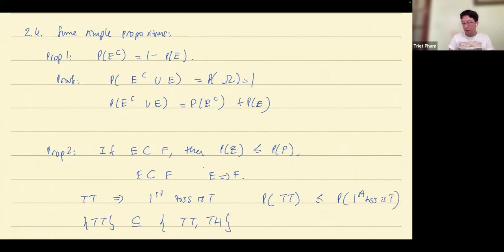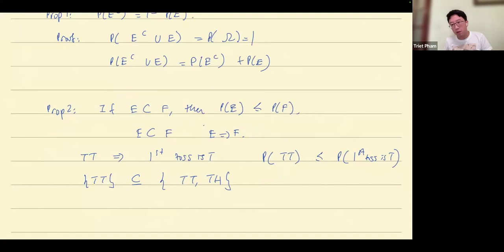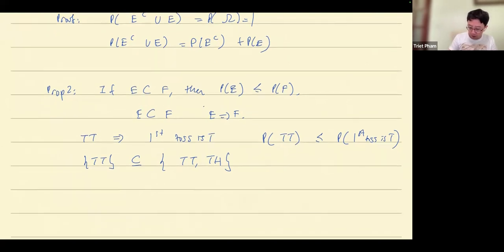Again, that's obvious. But what's the proof of this? Well, the proof is because if E is contained in F, then F is E union with something we call F but not E. So F but not E is F intersect with E complement.